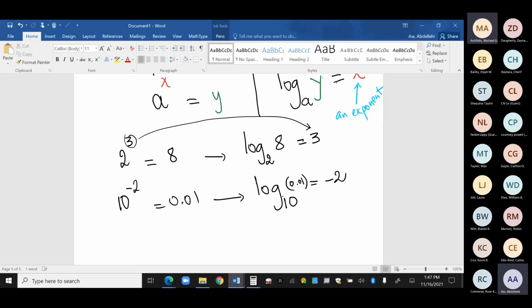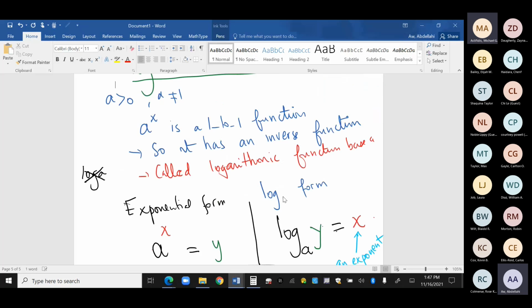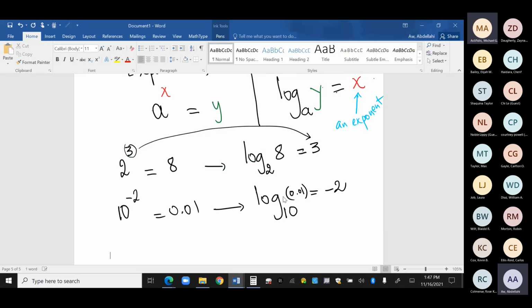We have to know the relationship, how to navigate from the exponential form to the log form, and we're going to do how to navigate from log form to exponential form. We're going to do both of them.